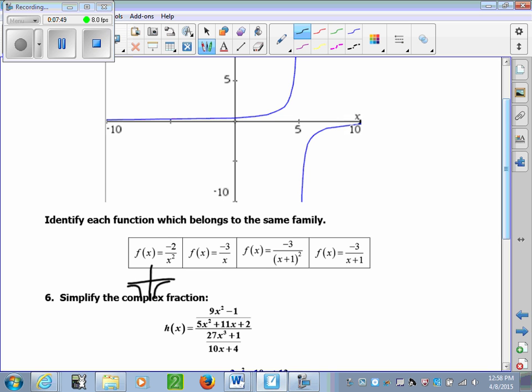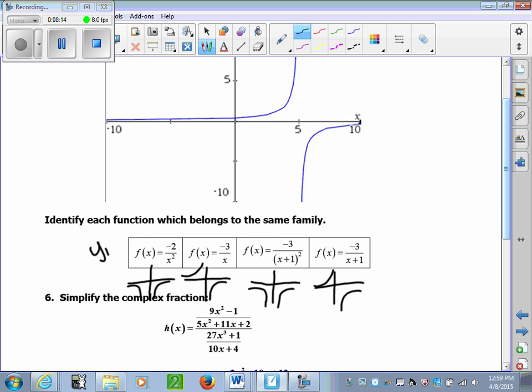Okay. The second one, when I put this in my calculator, again, I'm just putting each of these into y1 and graphing in my calculator. It looks like this. And then this one looks like this again. And this one looks like this and this.